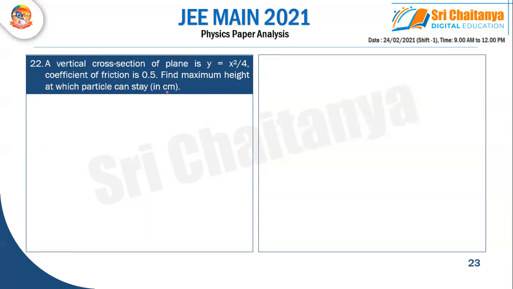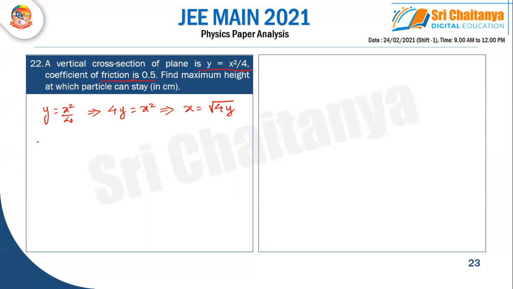A vertical cross section of a plane is y is equal to x square by 4. Coefficient of friction is 0.5. Find the maximum height at which particles can stay in centimeters, he says. So I have y is equal to x square by 4, and from this I get 4y is equal to x square. This implies x is equal to under root 4y. For this, coefficient of friction he has given.